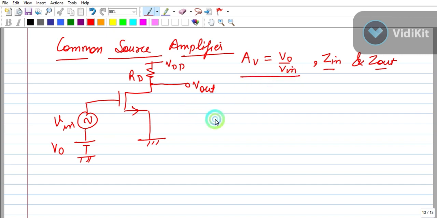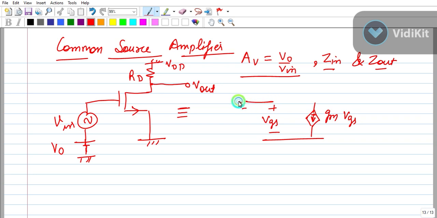So for calculating gain, let's take the small signal model of this. While making the small signal model, make all DC voltage ground. So this will become ground, and this will be short ground. The small signal model of MOSFET is this, GM and whatever VGS is there.